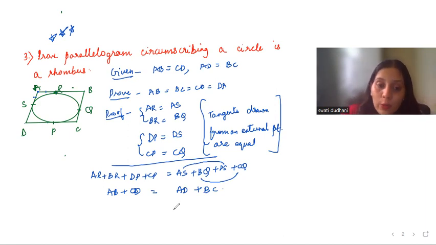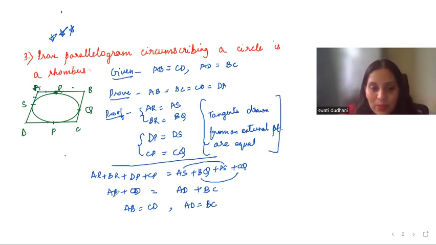But we know that AB is equal to CD and AD is equal to BC. So I can write CD as AB. This becomes AB plus AB, so it becomes 2AB is equal to, instead of BC, I can write AD.